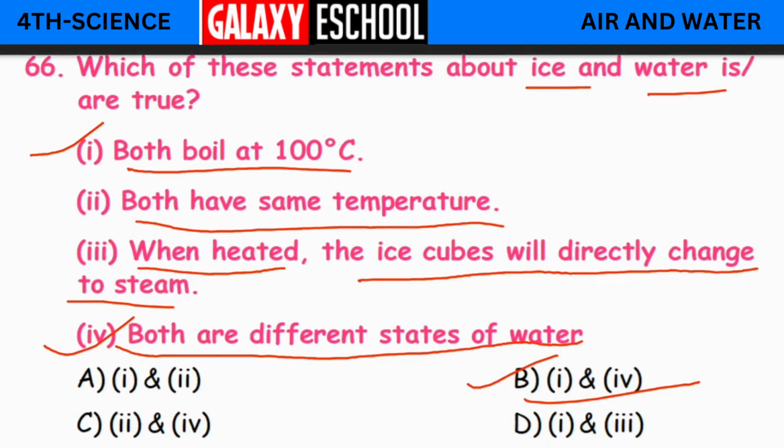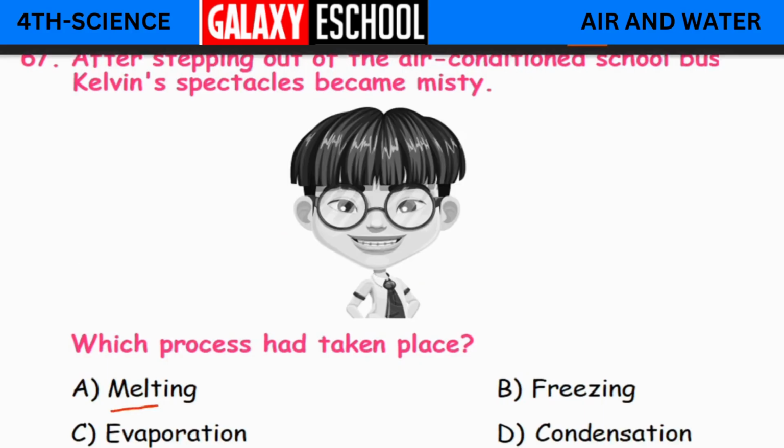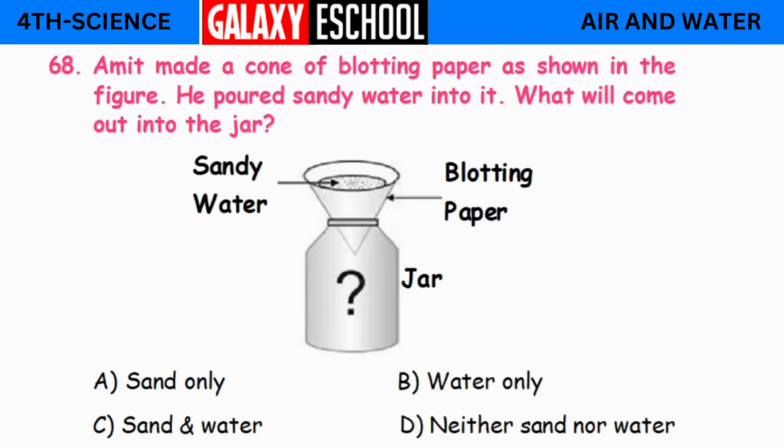Because of melting, or because of freezing, or because of evaporation, or because of condensation. And the answer is condensation. Now what happens? When it is exposed to heat, water vapor changes into water. So that is why we call that condensation.